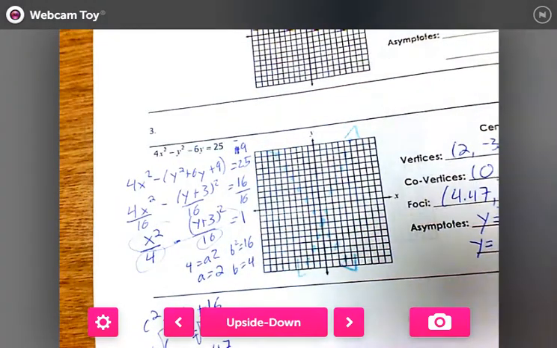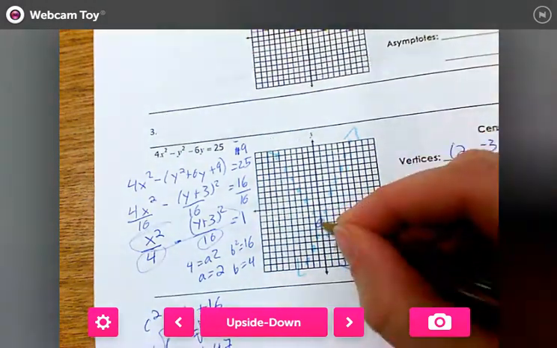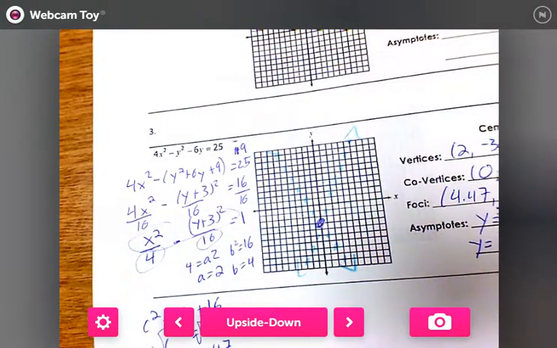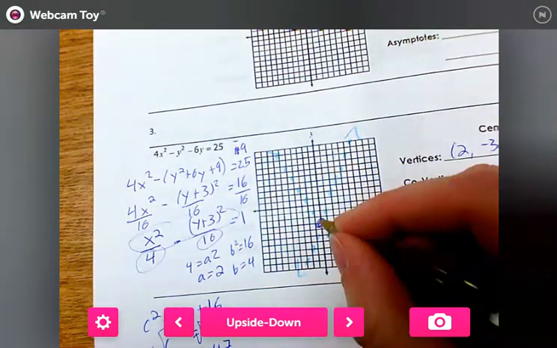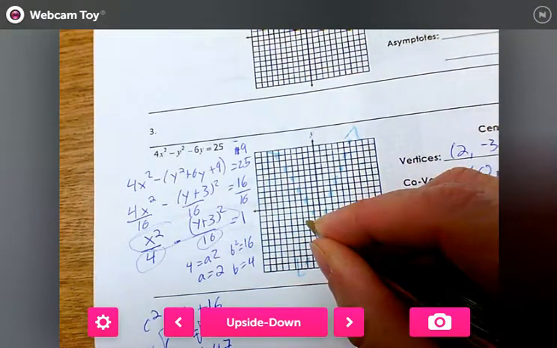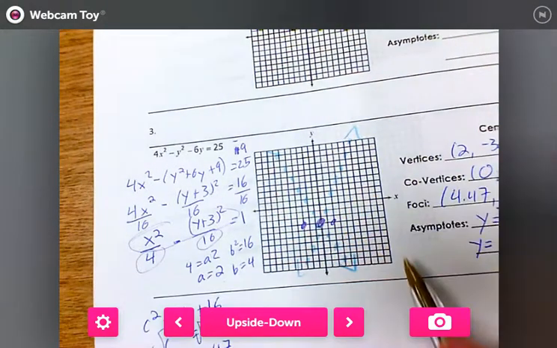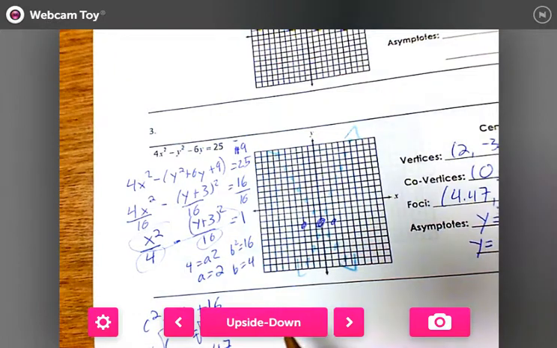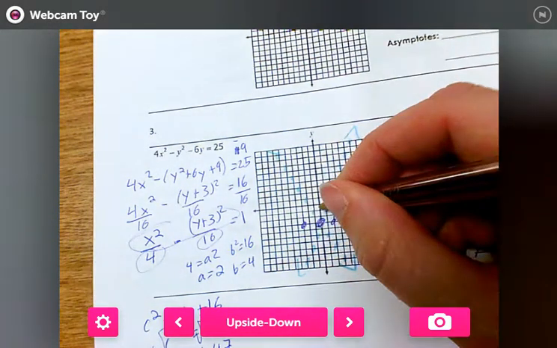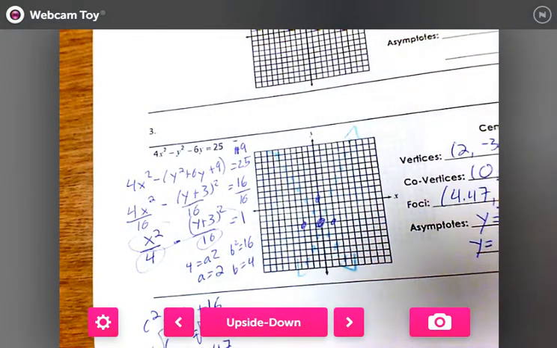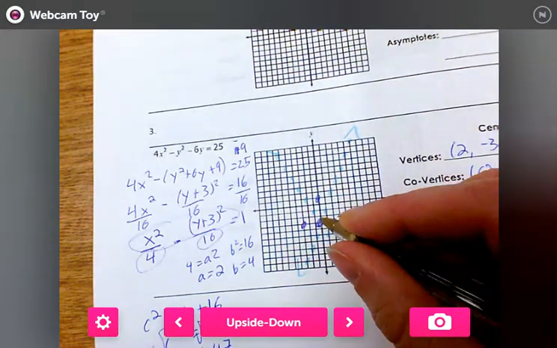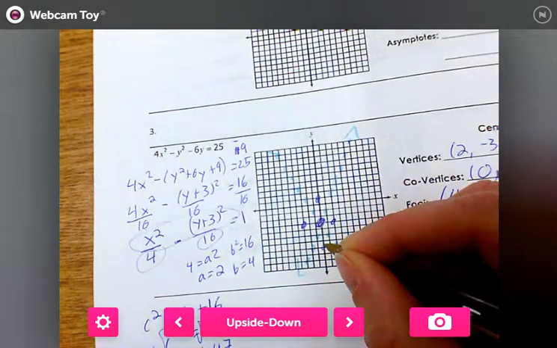Then I'm going to graph my center, which is 0, negative 3 right here. My vertices are going to be 2, negative 3, and negative 2, negative 3. My co-vertices are going to be 0, 1, and 0, negative 7.